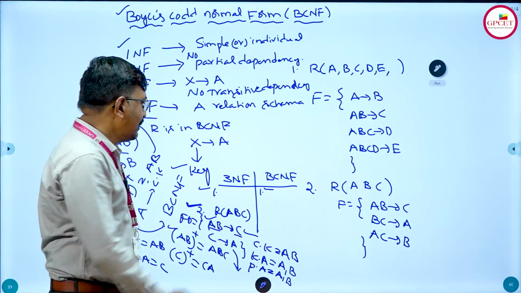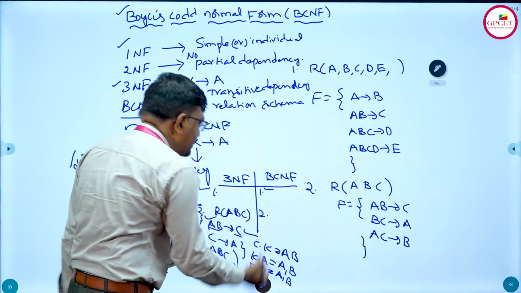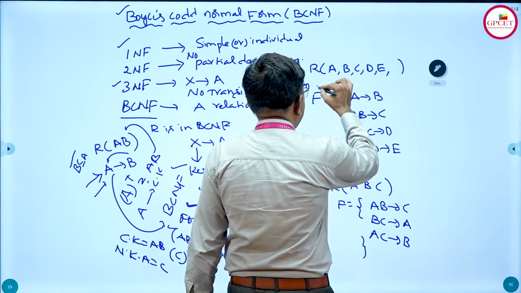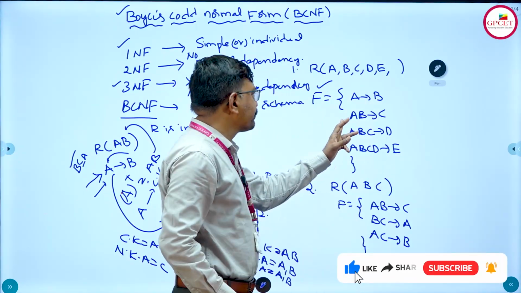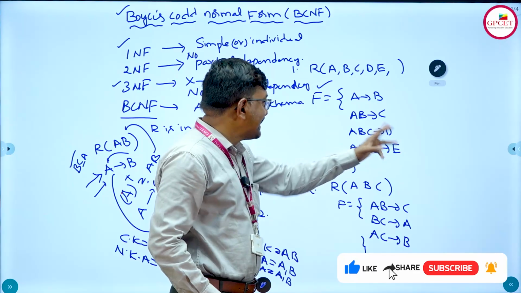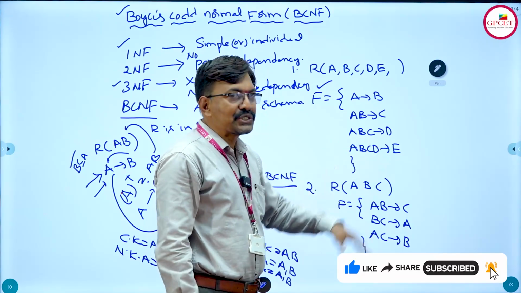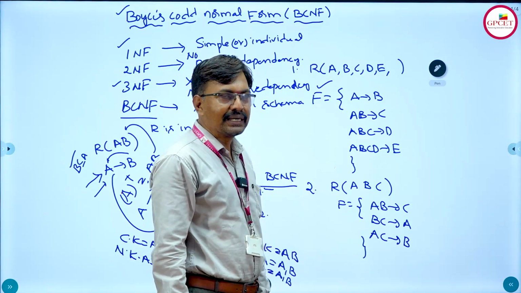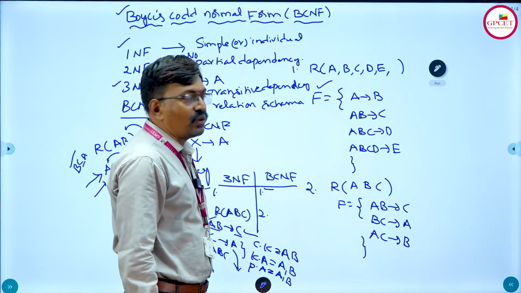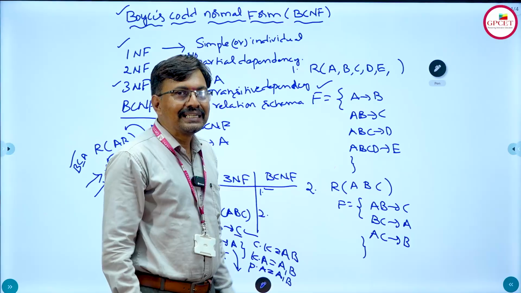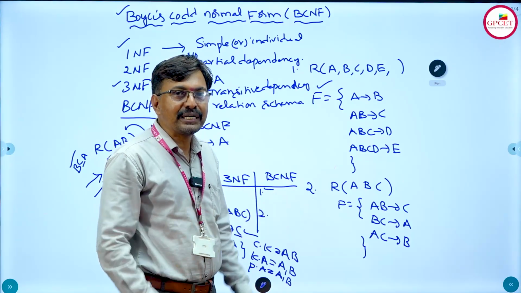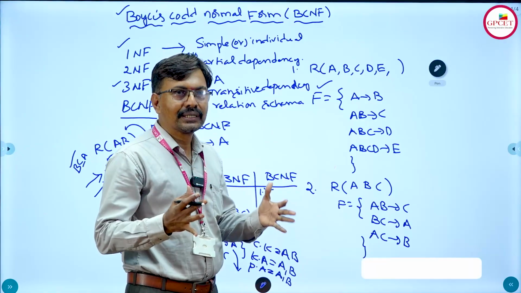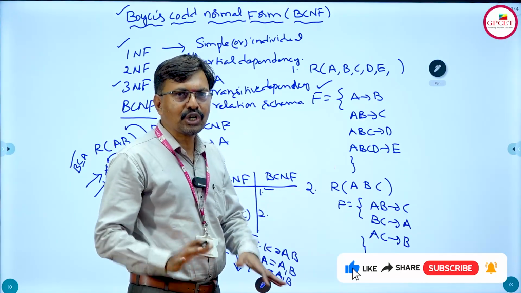Definition example. Whereas in the BCNF example, observe here. Functional dependency F equals A tends to B, AB tends to C, ABC tends to D, ABCD tends to E. These are all four functional dependencies. Clear? According to our definition, what is the definition? Boyce-Codd normal form: a relation schema R is in Boyce-Codd normal form if, whenever X tends to A holds, X must and should be a key, that is a primary key or super key.